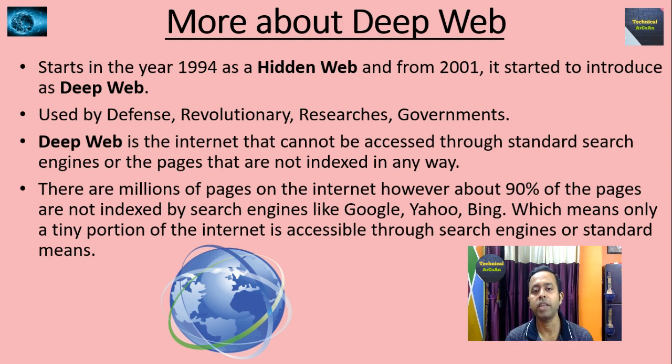There are millions of pages on the internet. However, about 90% of the pages are not indexed by search engines like Google, Yahoo, Bing, okay? Which means only a tiny portion of the internet is accessible through the search engines or standard means, right?